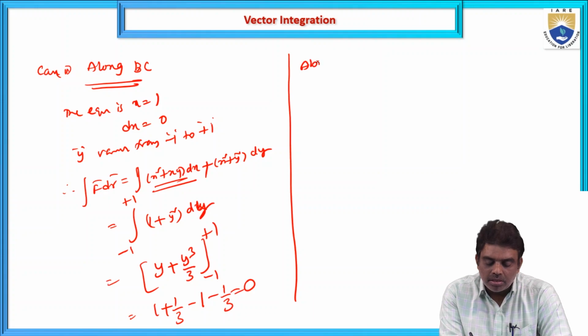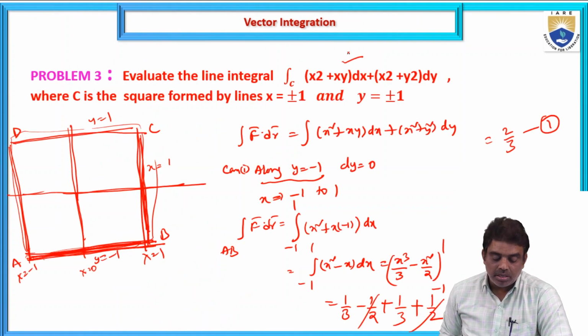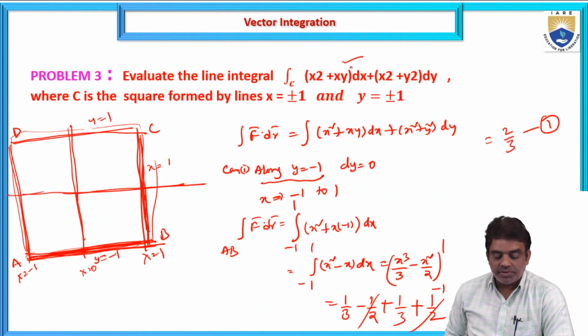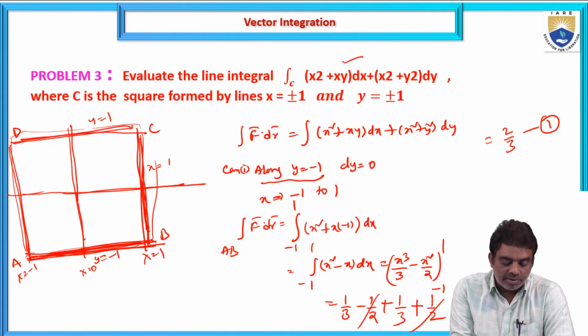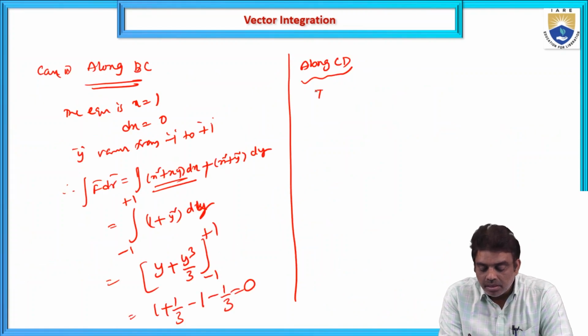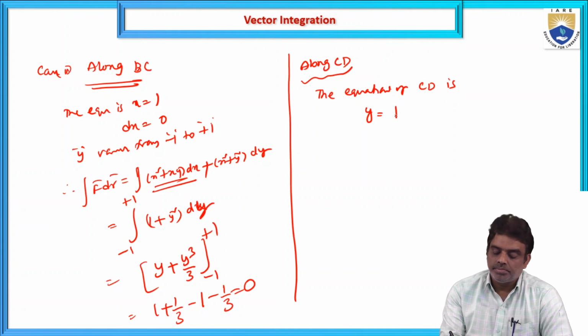Similarly, along CD. What is the equation of CD? The equation of CD is y is equal to 1.